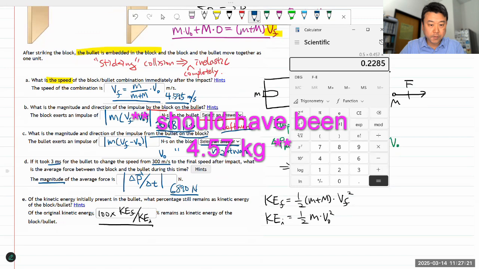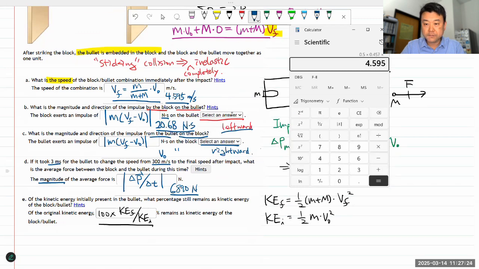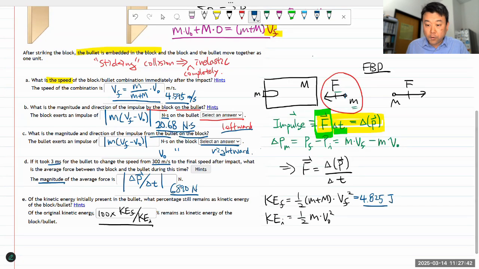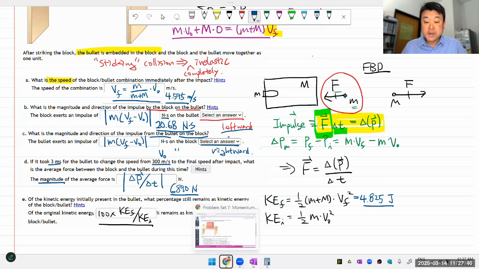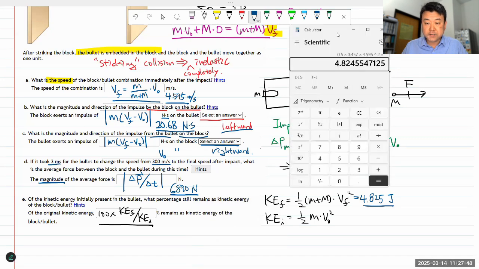I have that here, 4.595 squared, is equal to, this should be in joules, 4.825 joules. And I'm keeping 4 instead of 3 significant figures again because this is an intermediate number. I want to be extra sure rounding error doesn't affect my final answer.